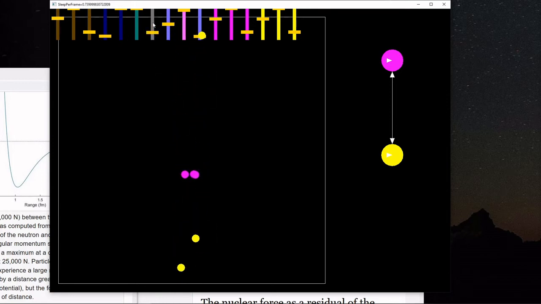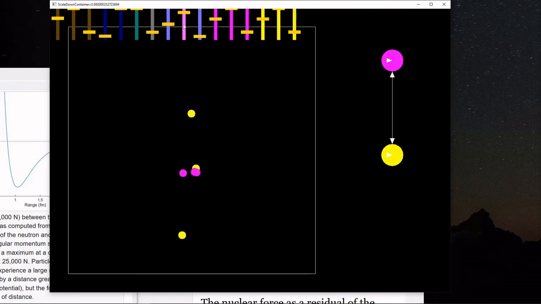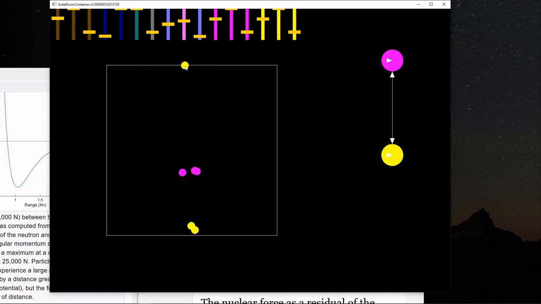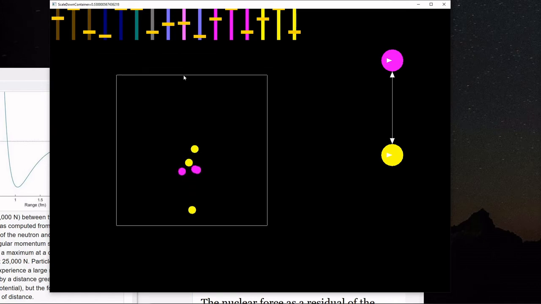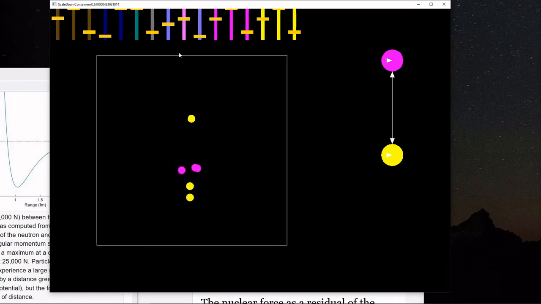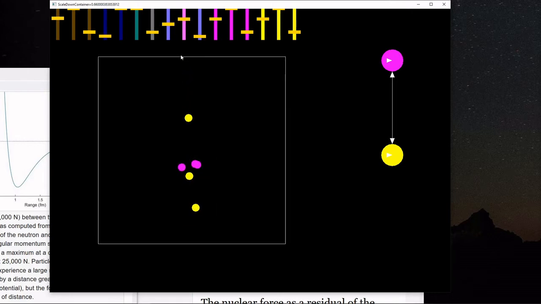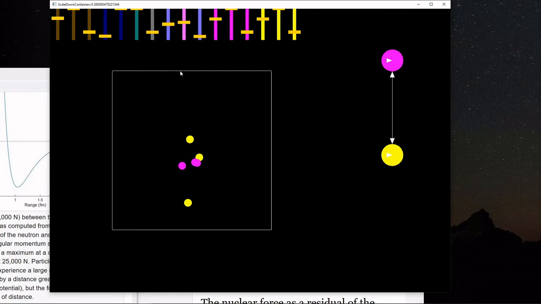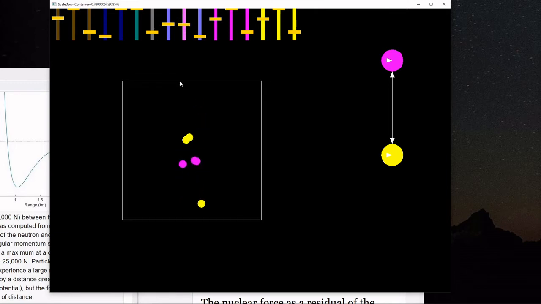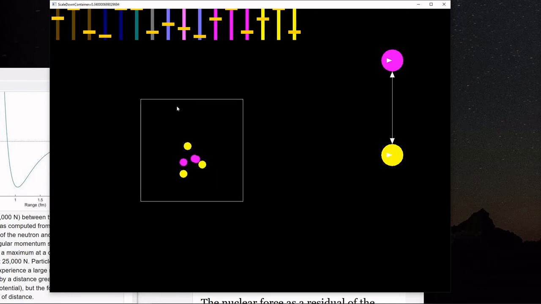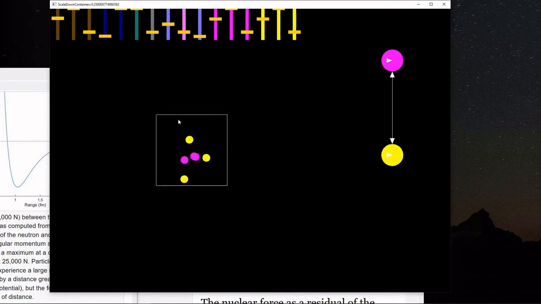I'm going to change the container to get them to bounce more. Boop. It's hard to get them to bounce in the X direction because they're only going in the Y. What I could do is get them close together, stop their motion, start them back up again.